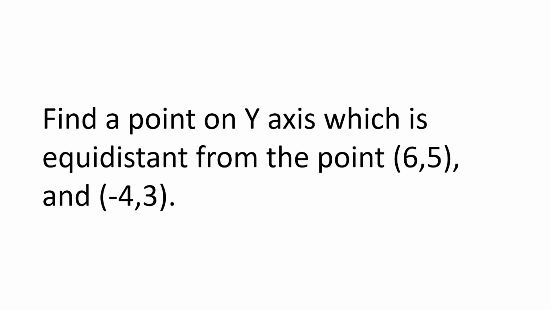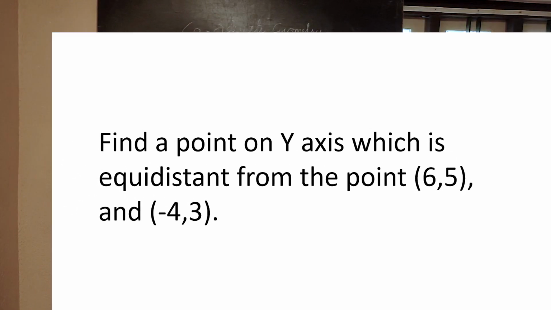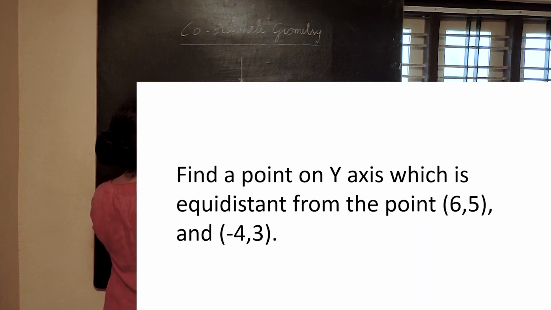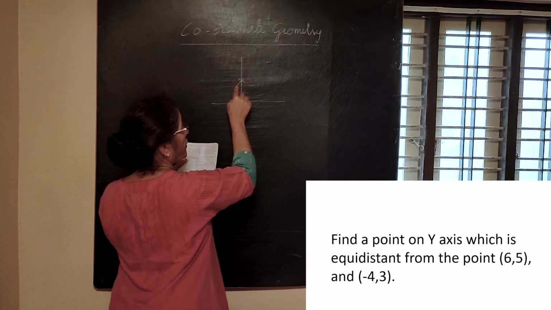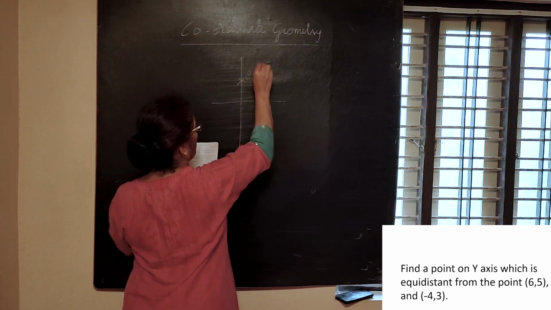Now let me go to the last problem. Find a point on the y-axis which is equidistant from the points (6, 5) and (minus 4, 3). Any point on the x-axis, what are the coordinates? (x, 0). Any point on the y-axis is (0, y).